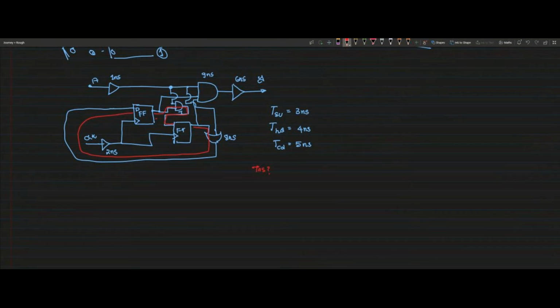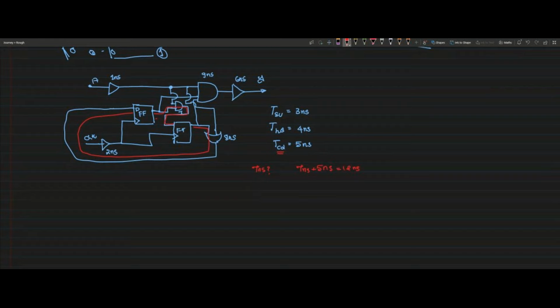What is the delay? It is not just this gate delay. From this flop to this flop, the total delay, you have to consider the clock to data delay also. It is actually 7 nanosecond plus 5 nanosecond, that is 12 nanosecond.